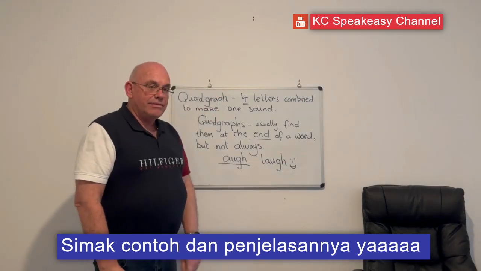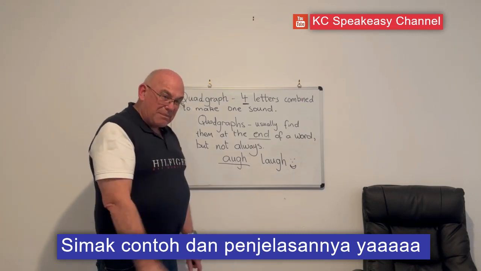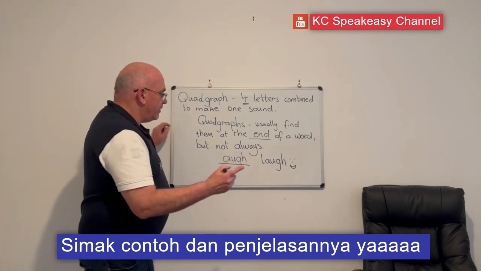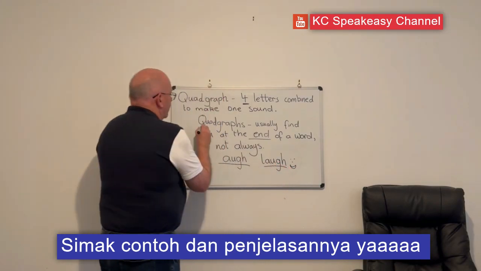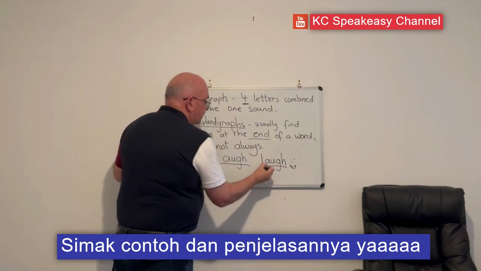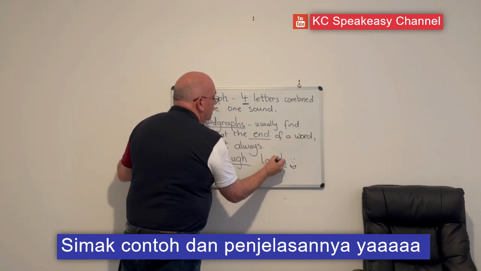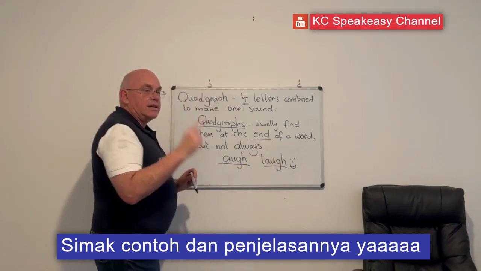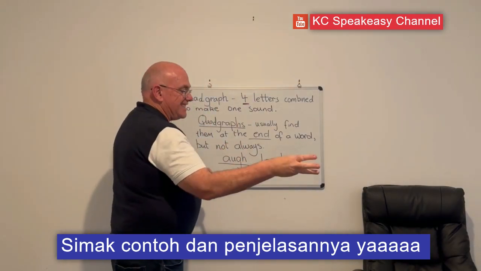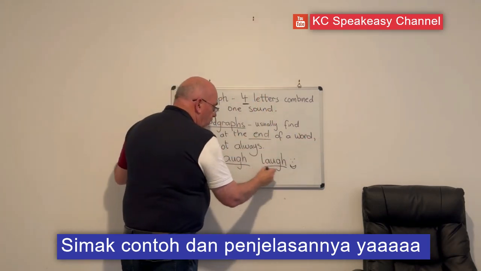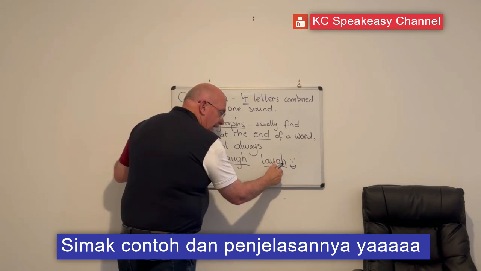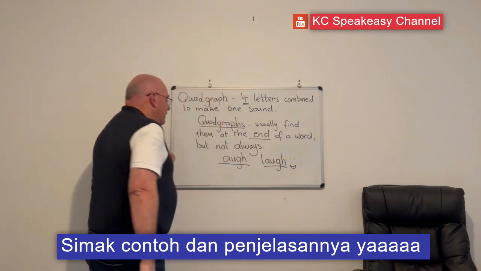To laugh at something funny, to laugh. And there's an example of a quadraph, A, U, G, H, four letters that make one sound. And it's at the end of the word this time.